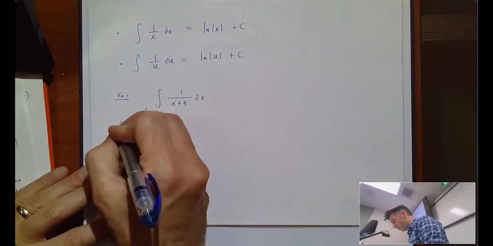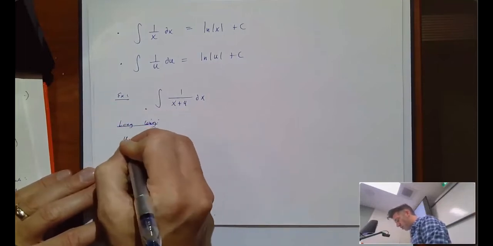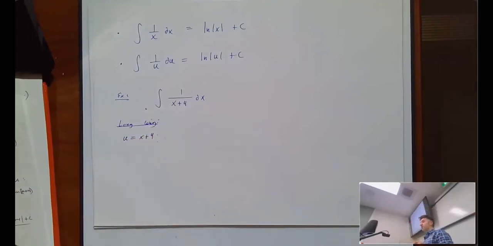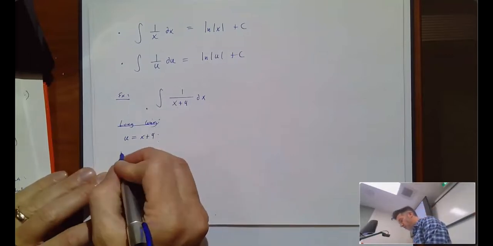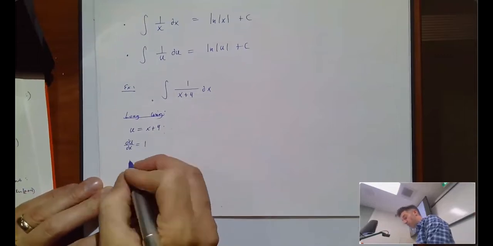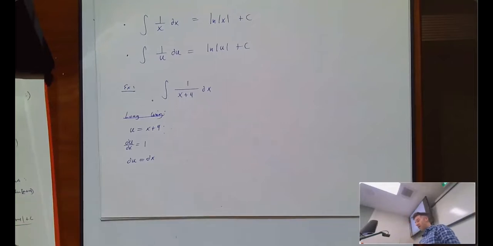So if I'm going to do it the long way, I'm going to let u equal x plus 4. Here's the great thing about letting u equal x plus a constant: the derivative of u is just 1, or in other words, du equals dx. So when I rewrite this integral, it's very easy to do the u substitution.